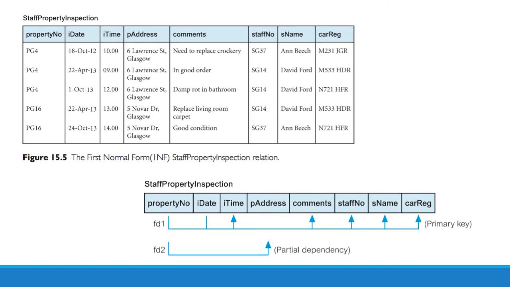If we know that these two, property number and inspection date, are the primary key of the whole table, together they determine the value of the other attributes. For example, if we know the property number and inspection date, we also know the inspection time, comments, staff number, staff name, and car register number.